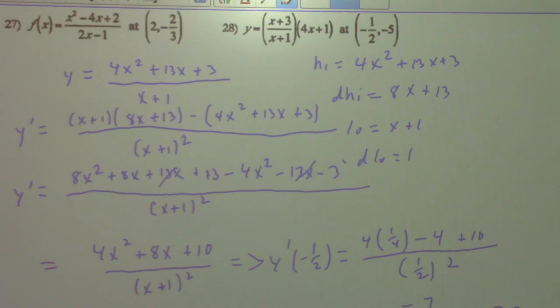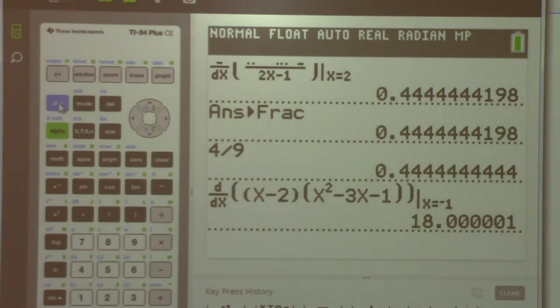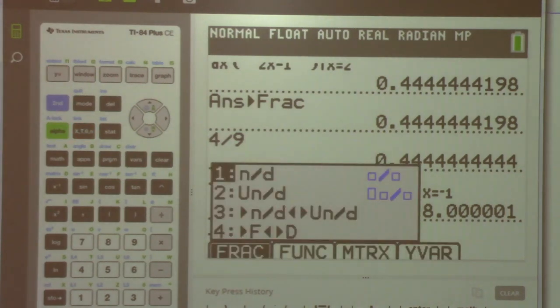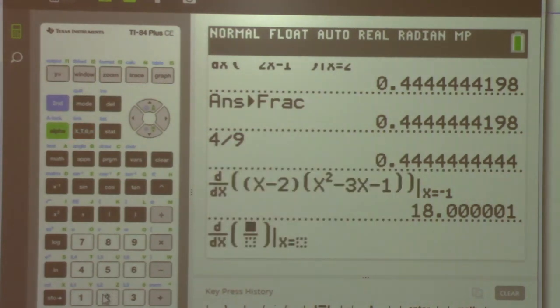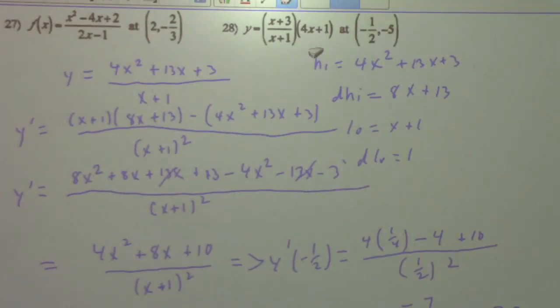So I'm going to go ahead and just test the calculator. So we go to math 8, excuse me. So x plus, what was that? I don't remember what this is. It's x plus 3 over x plus 1.